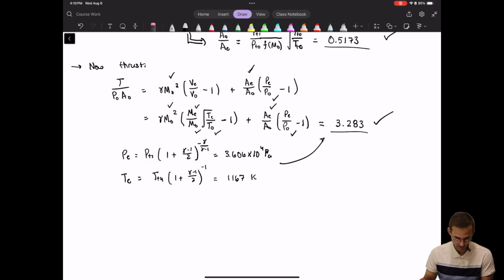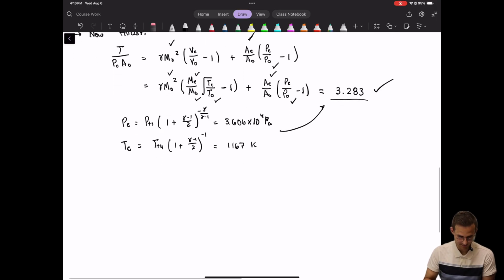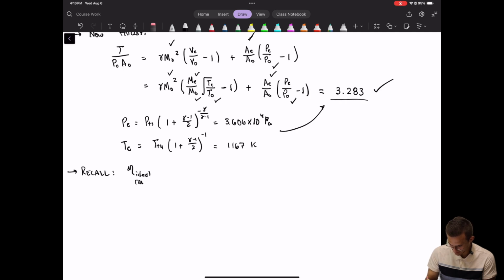But before we do that, let's recall what the thermodynamic efficiency of the ramjet is. Recall that the thermodynamic efficiency of the ideal ramjet was equal to 1 minus T naught over TT naught.